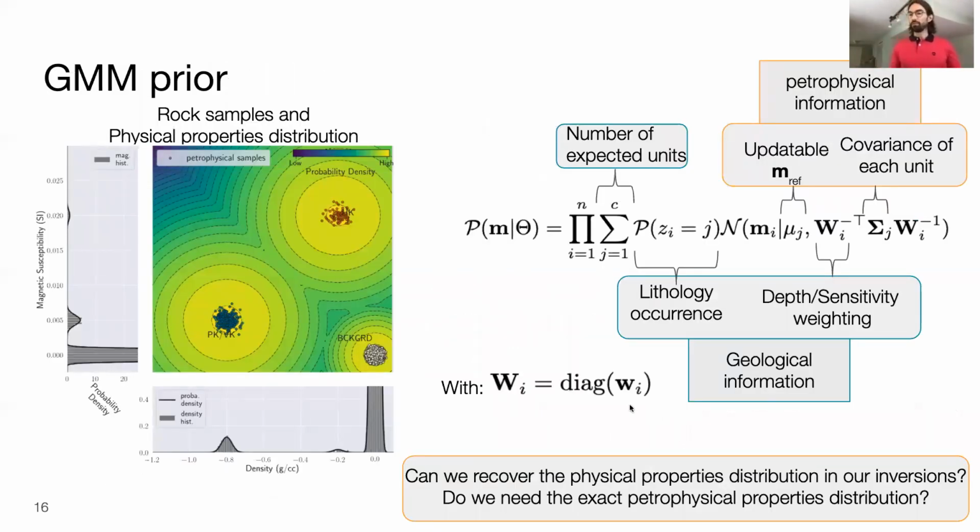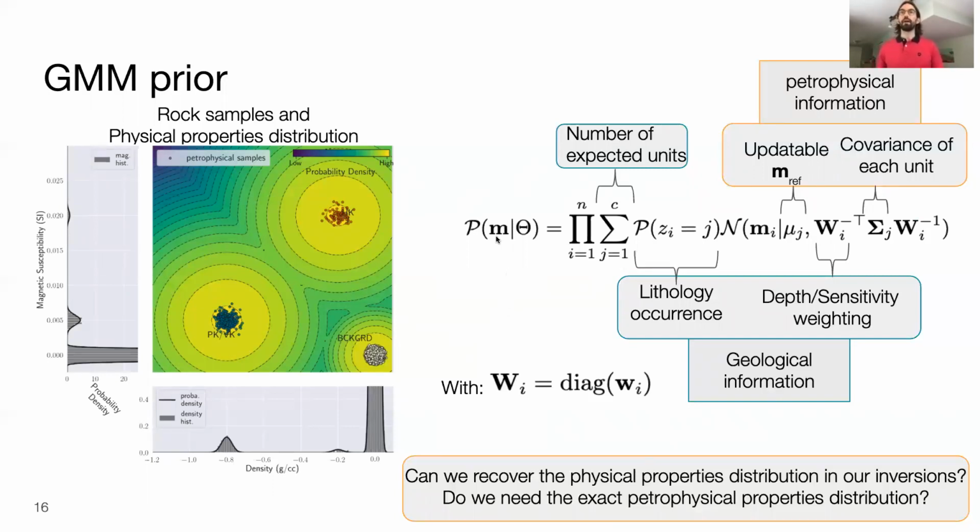So to link all that information together, I'm going to change the smallness regularization, or more precisely, I'm going to replace the Gaussian priors for the smallness in the inverse problem by GMM, Gaussian mixture model priors.